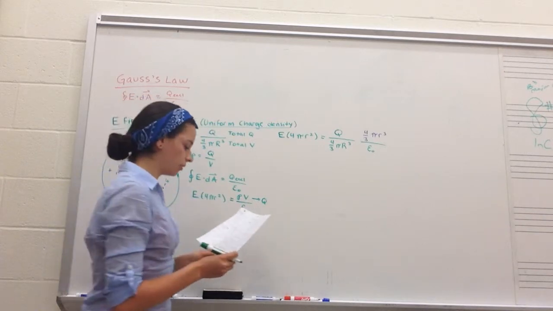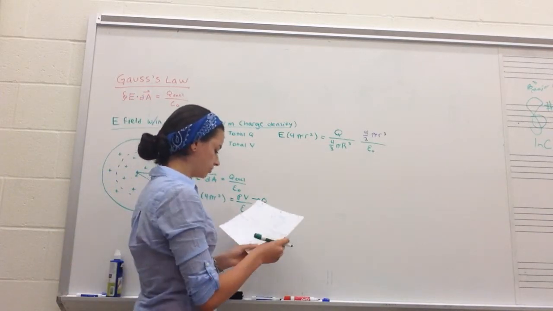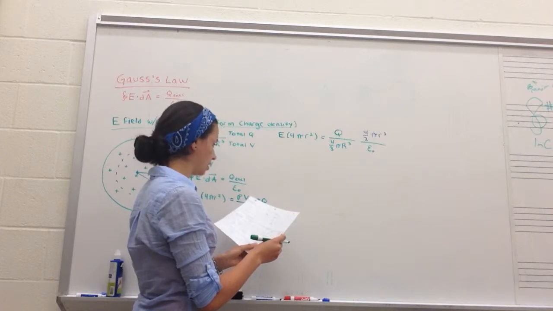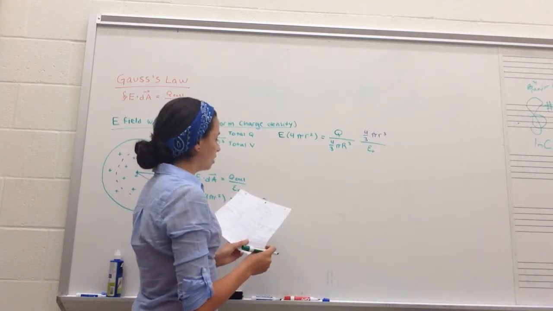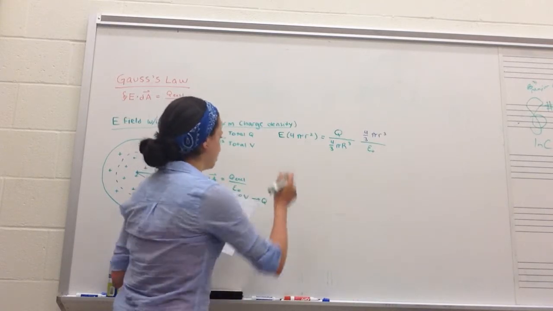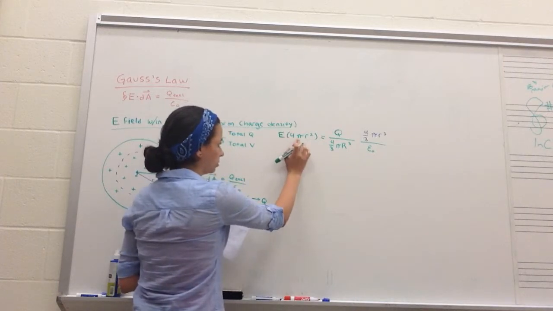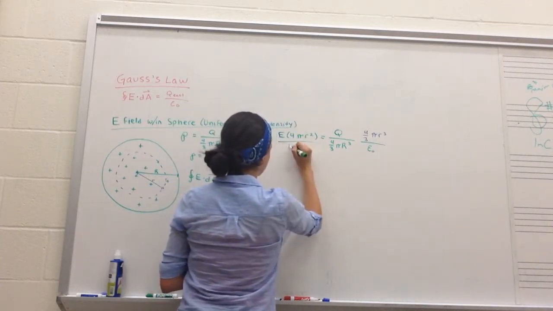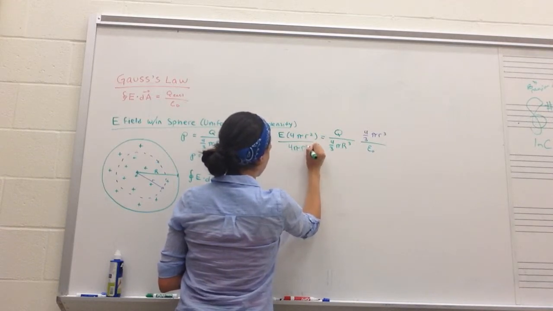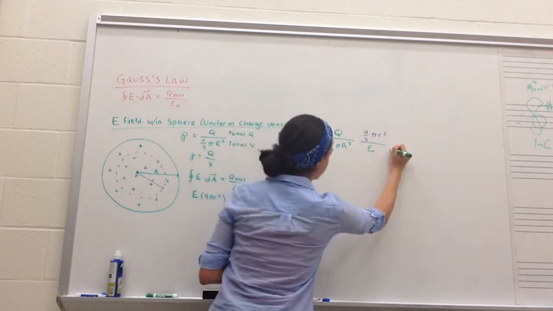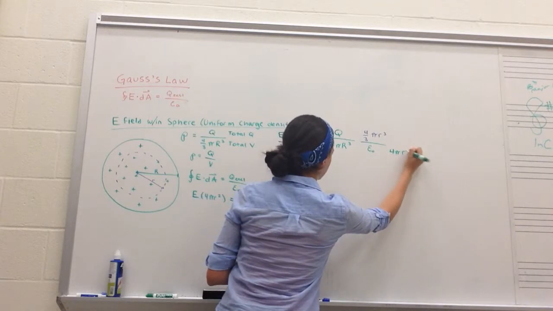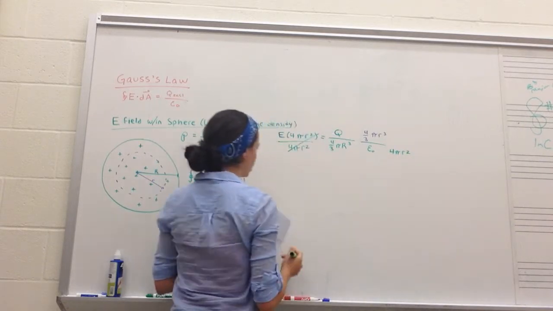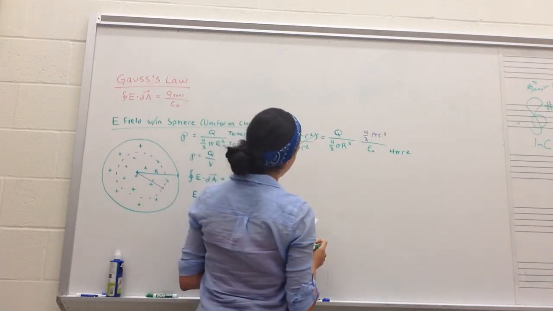Good. Okay. So, now that we have it rewritten like that, we can go ahead and divide both sides by 4 pi r squared. Cancel it out. And then we can cancel more stuff out. Yay!